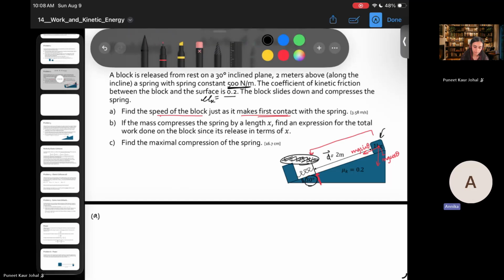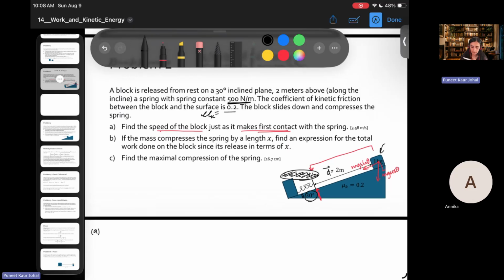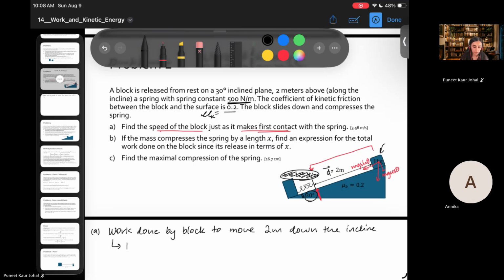Well, you're using the energy to find the speed. Yes. So if we can find the work done on the block to move 2 meters down the incline, then according to the work-energy theorem, that work should be equal to the change in its kinetic energy.